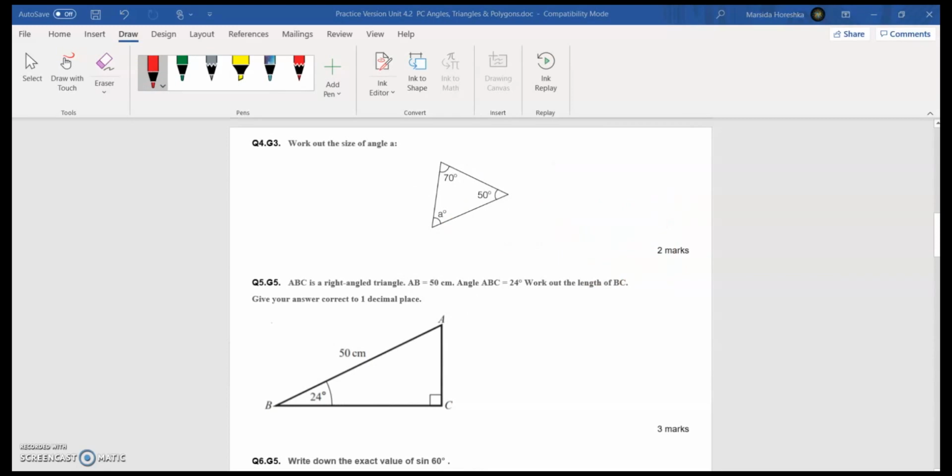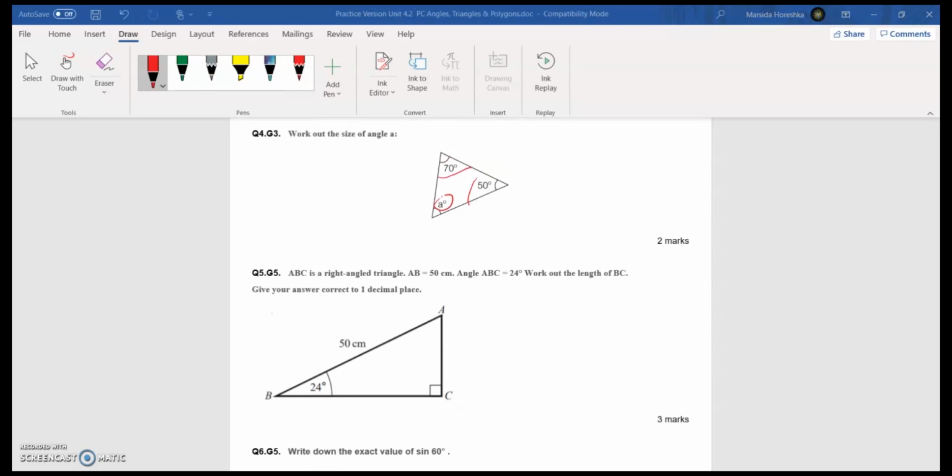This question we've got to work out the size of angle A, so this one in here. We have 70 and 50. Now we know that the angles in a triangle add up to 180 degrees. If you tend to forget that, you can draw a triangle on a piece of paper, cut it up into 3 parts, and line up all of the 3 angles, and they should add up to 180 degrees, creating a straight line.